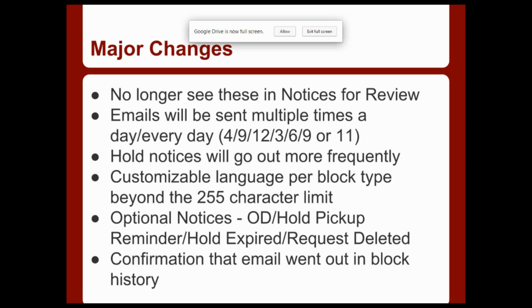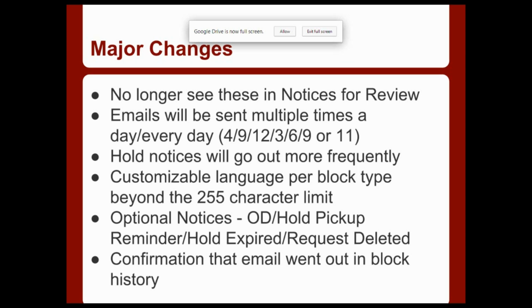All right. And then the other thing that's changing is that emails are going to be sent multiple times a day. Right now, I have it going at 4 a.m., 9 a.m., noon, 3, 6, 9, or 11. I'm still tweaking some of that. But what this means is that 4 a.m. is when the bulk of the notices are going to go out because day end happens at about midnight.